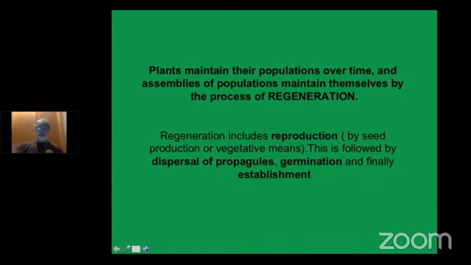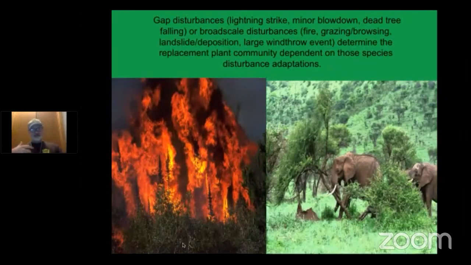and there are different kinds of disturbances. There's gap disturbances like lightning strikes, a little minor blowdown, a dead tree falls over, and broad scale disturbances like fire, browsing, landslide, volcanoes. Ben Eldridge, I believe it was, he's part of our EAT community here, posted on Facebook the other day this hillside in Russia where the permafrost has melted and the whole mountainside is just slowly moving downhill like a slow motion ice and mud and tree tsunami as it's crossing the highways.